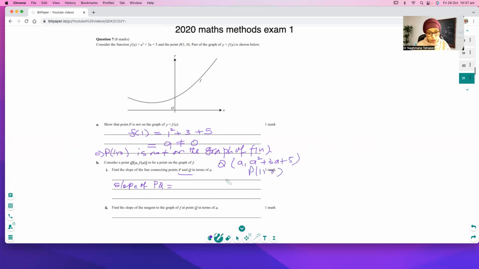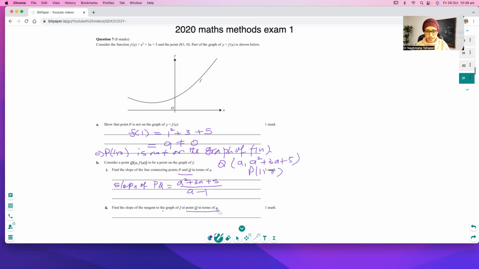So the slope would be rise over run, which gives us (a squared plus 3a plus 5) over (a minus 1). And can we simplify it further? Doesn't look like it. We can just leave it like that. Okay, find the slope of the tangent to the graph f at point Q in terms of a.